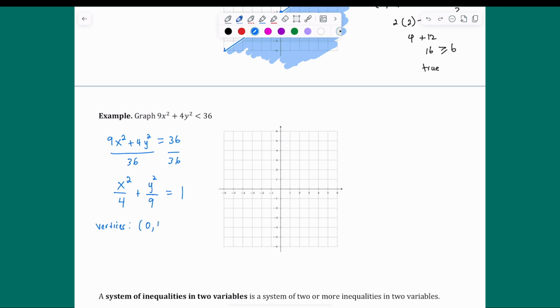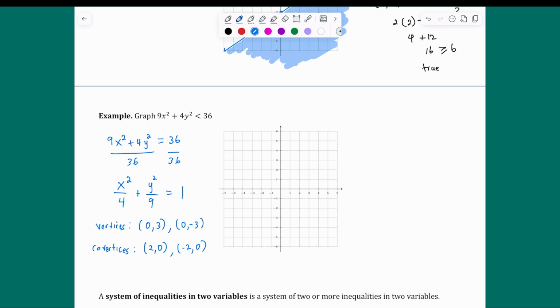I'm just going to write them as ordered pairs here, 2 ordered pairs, so 0, 3, and 0, negative 3. And then sometimes called co-vertices or vertices on the minor axis. In this case, it's going to happen going horizontally on the x-axis at 2, 0, and negative 2, 0. Okay, so those are important to draw our ellipse here.